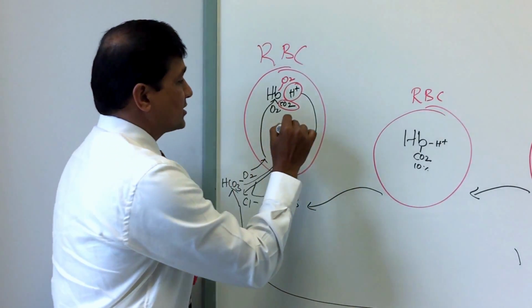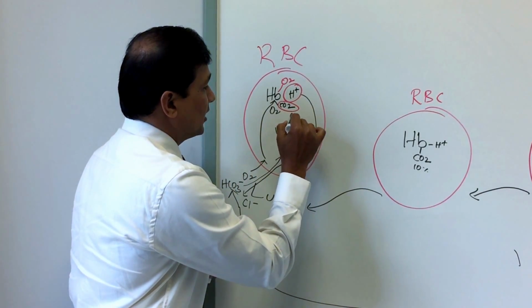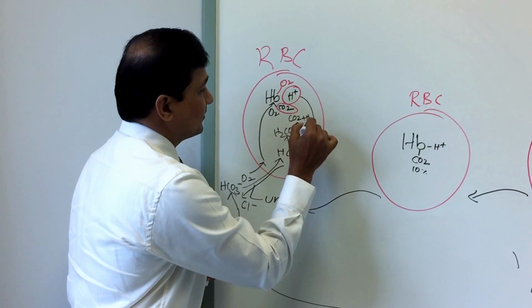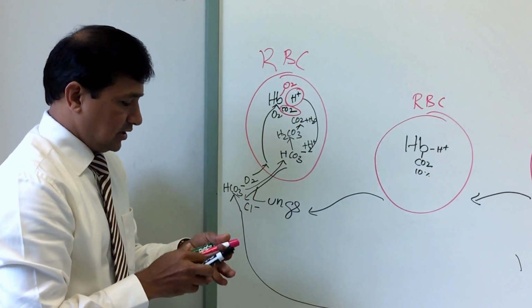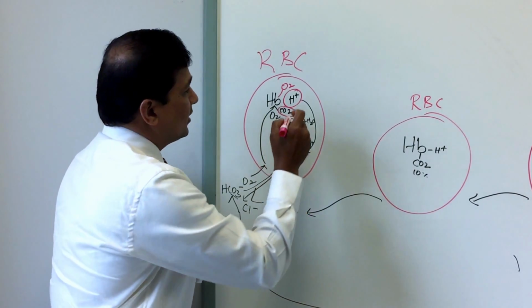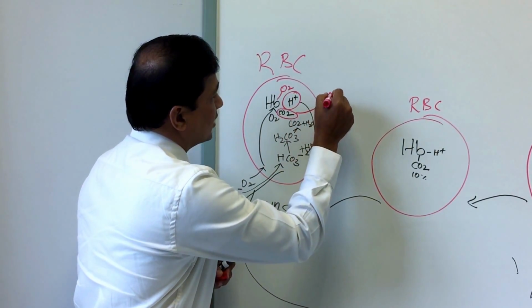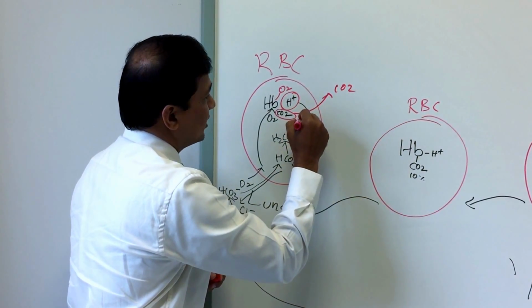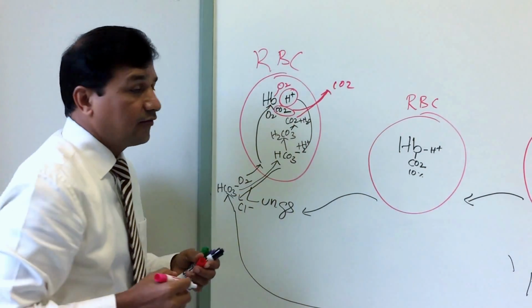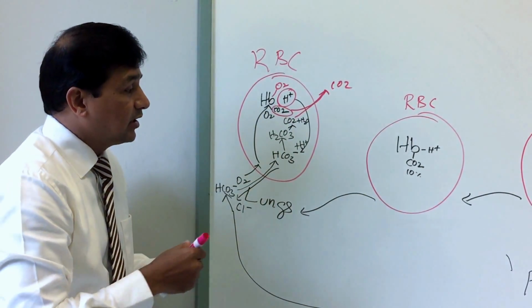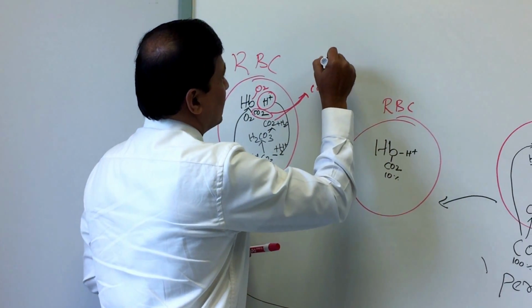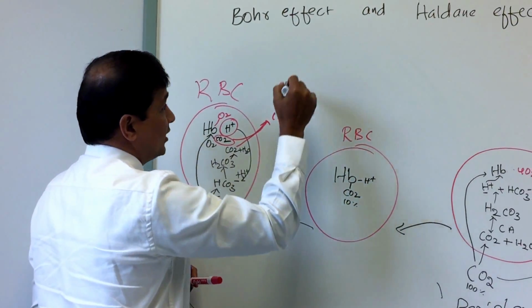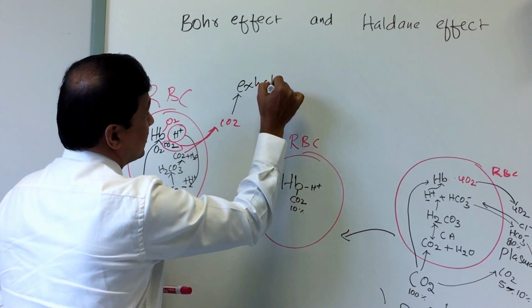Now this carbonic acid will be dissociated into carbon dioxide plus water. The carbon dioxide that is dissociated will be exhaled. It goes out of the red blood cell into the plasma, and from there it gets into the alveoli and is exhaled.